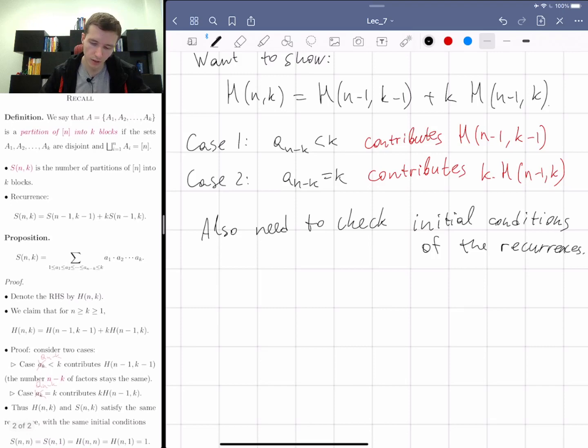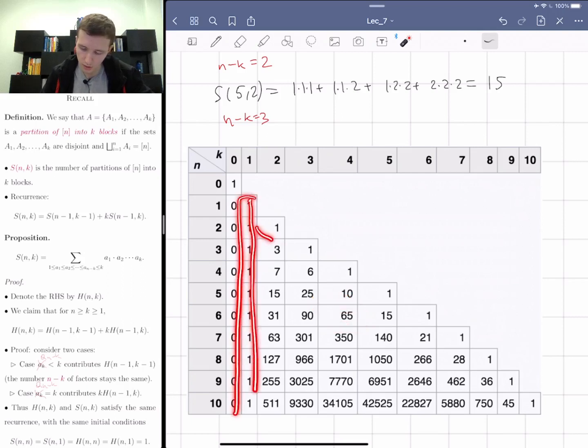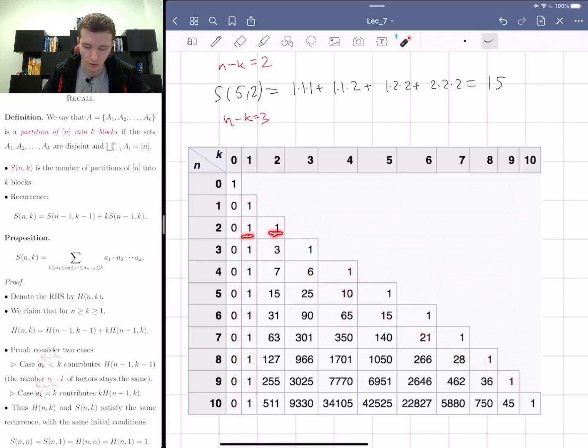if you look at the triangle, the recurrence for the s's tells you that you can compute each number in terms of the number above it and the number above to the left. So in particular, if you just specify all these ones here and the ones here, then you can proceed. If you know this one, then you know the three. So you can proceed row by row to construct all these rows.